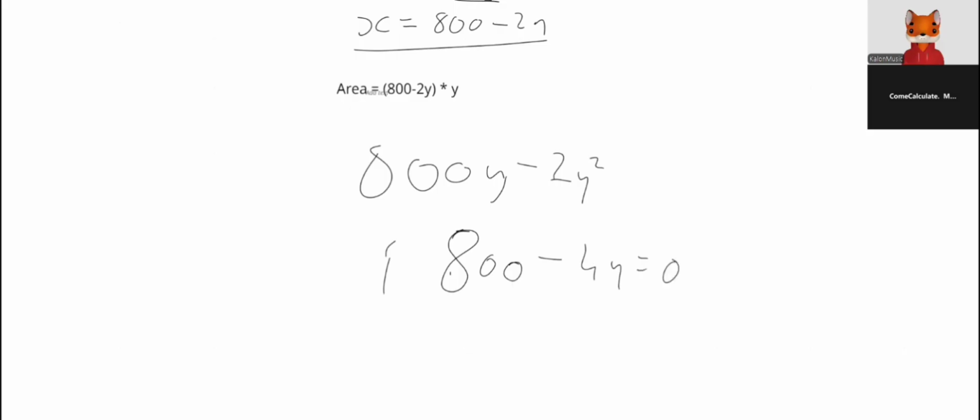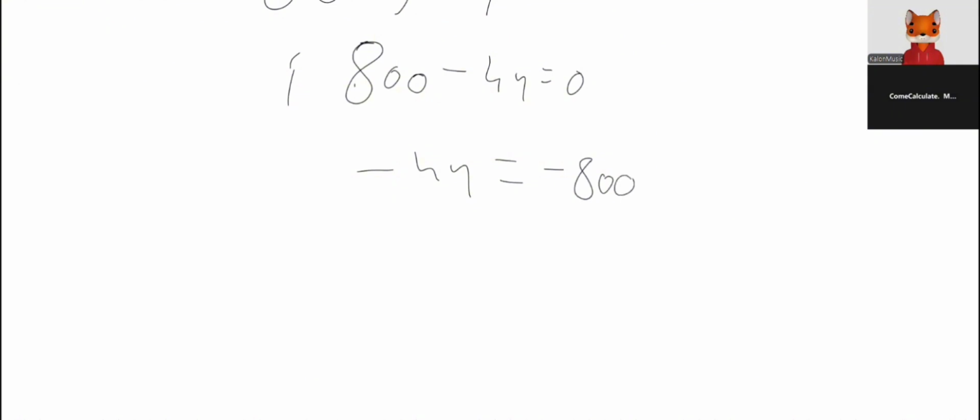Okay, great. Now we solve. So if we subtract 800 from both sides, we get negative 4y equals negative 800. And finally, we divide both sides by negative 4. This turns into y equals 200.